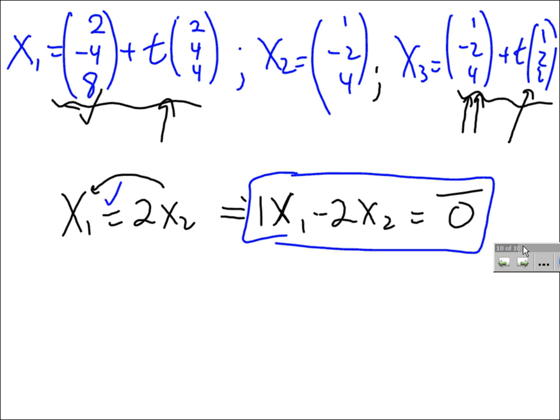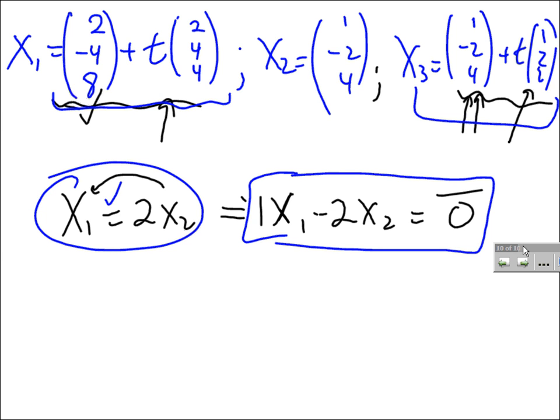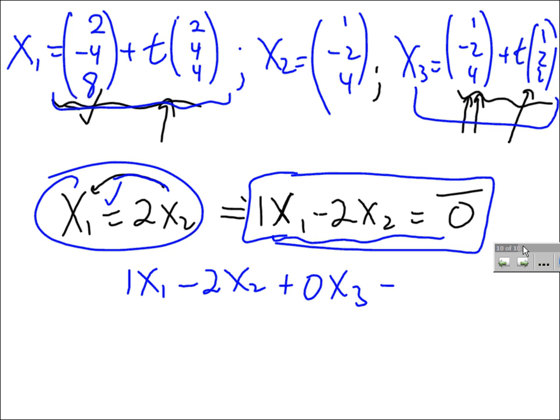Now, if you wrote this down, that this vector is 2 times that vector, I wrote that there, the teacher can see that you saw that. And you bring this over, you get this equation. So 1x1 minus 2x2 plus 0 times the third vector will give you the 0 vector.